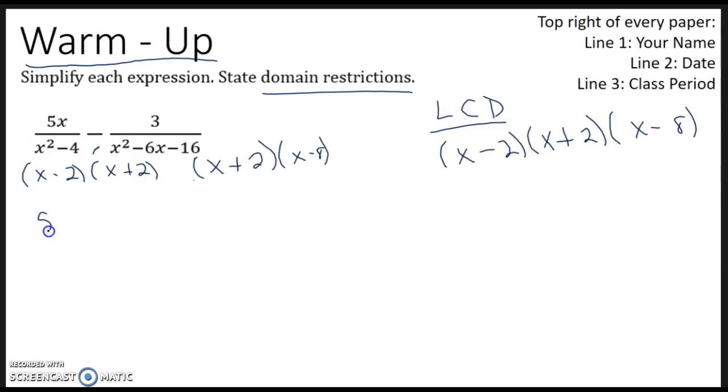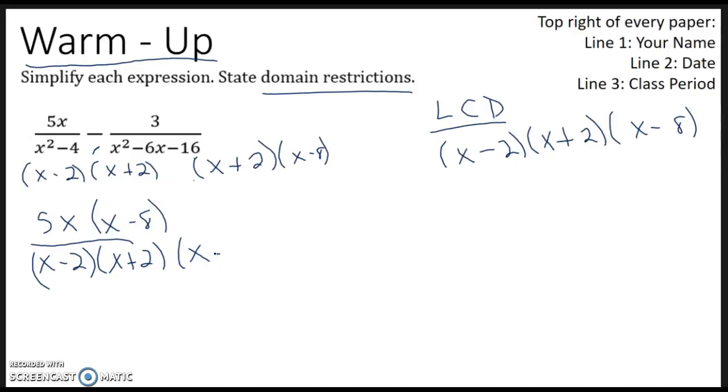So I've got 5x over x minus 2, x plus 2, and I'm missing x minus 8. Remember, what I do to the numerator, I have to do to the denominator. And then I need to subtract 3 over x plus 2, x minus 8, and I am missing x minus 2.